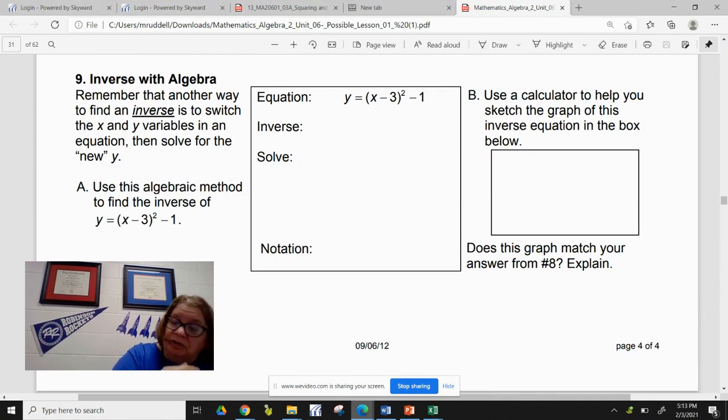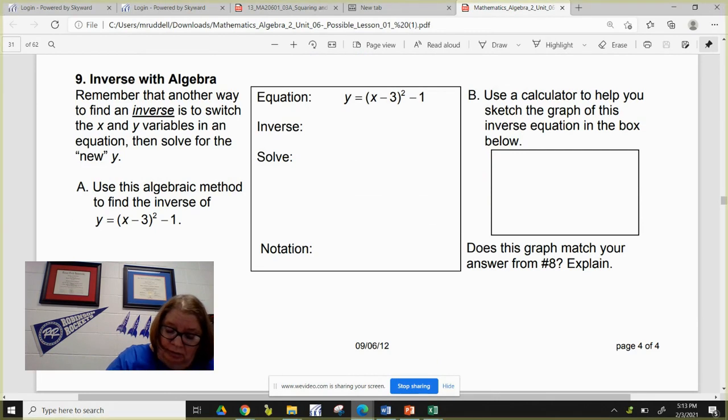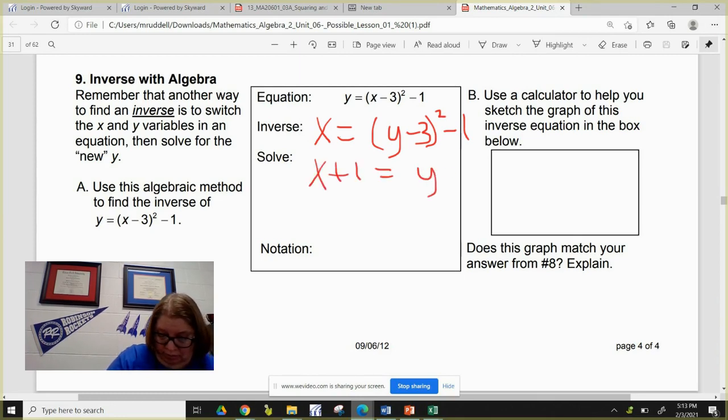All right, the next part says to find the inverse with algebra. So again, to find the inverse algebraically, you switch the x and the y. And then solve for y. So we're going to add the 1. Square root both sides.